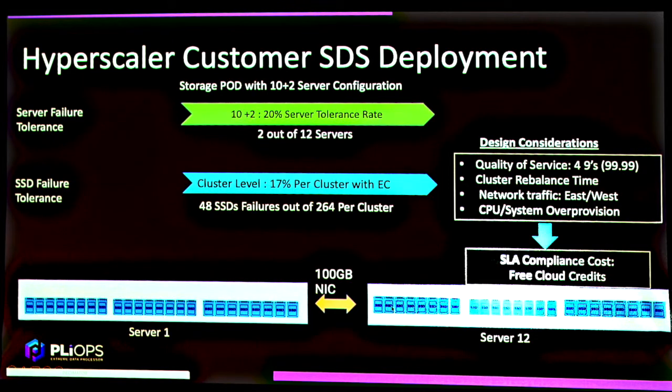That is a significant performance impact, and that has a quality of service impact. They have 99.99% SLAs provided to customers, and they have to think about network provisioning and CPU provisioning. If any of those don't meet the SLA, they have to provide cloud credits to the customer.